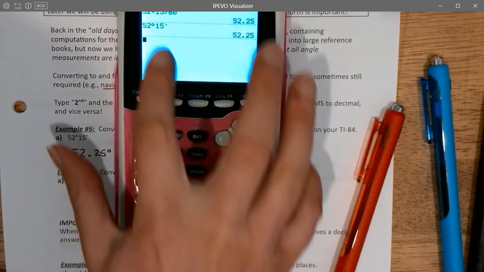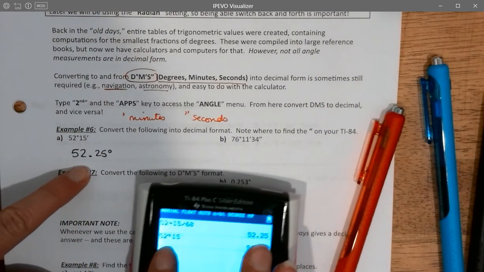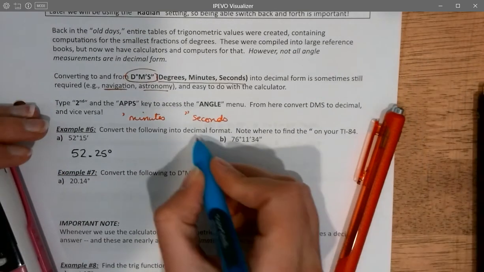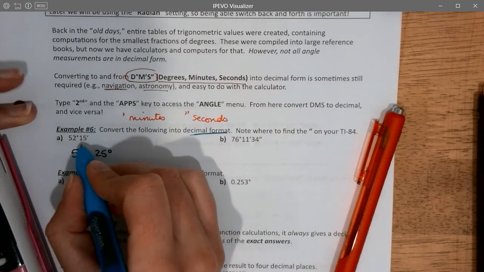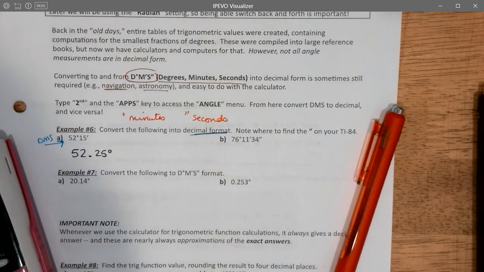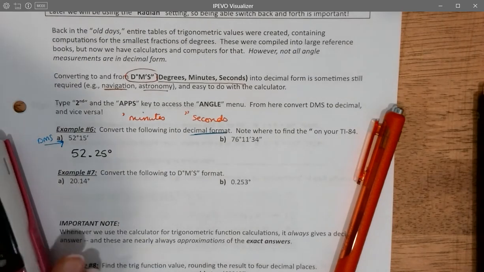So this is the decimal degree notation instead of the DMS notation. It was in DMS to begin with. Degrees, minutes, seconds is what DMS stands for. And now I convert it into decimal format.